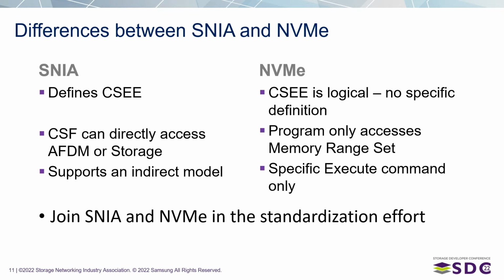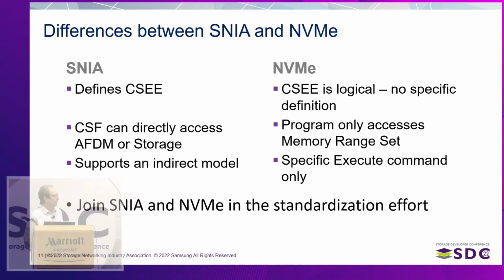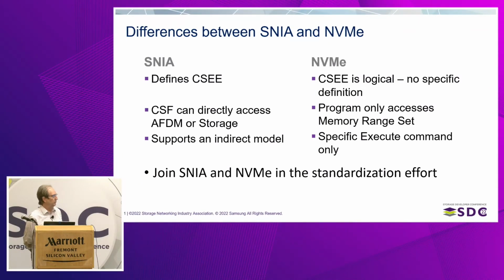In NVMe, the CSEE is a logical entity with no specific definitions. One of the things that NVMe has done is they are allowing for a definition of program types. And program types will be able to run on different types of computational storage engines. So they've kind of rolled the engine and the environment together to indicate the equivalent of a computational storage engine environment.